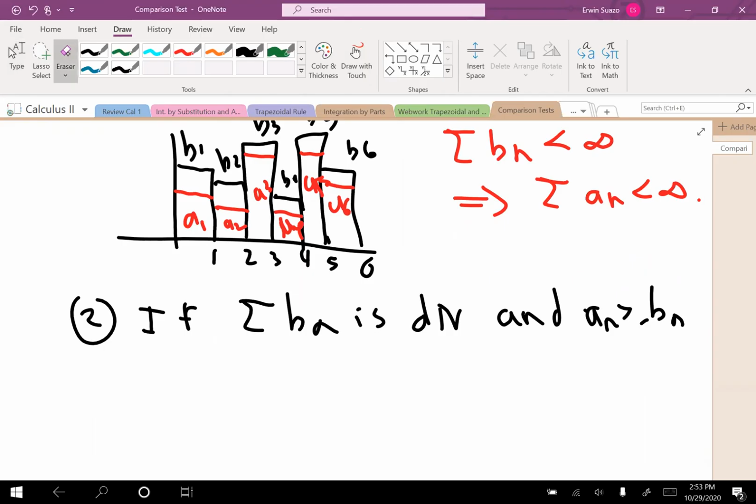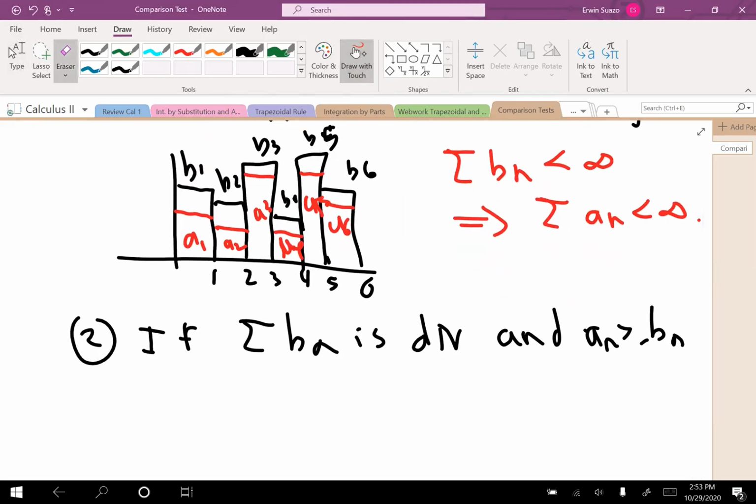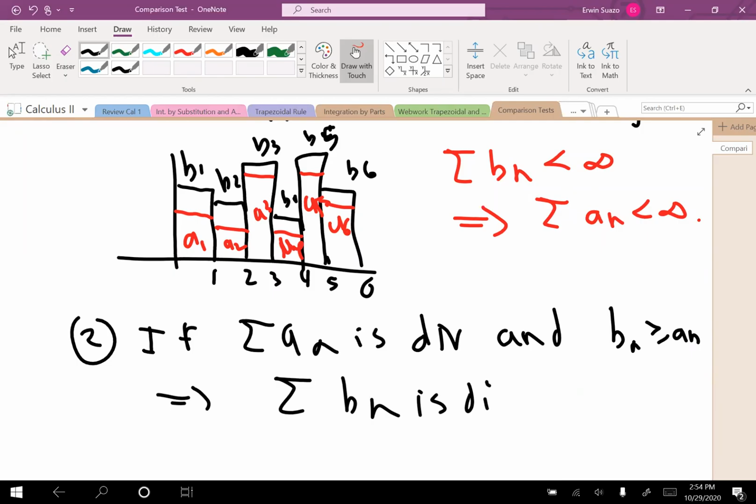Well, in order not to graph this again, let me just change it so I don't have to do another graph. If the sum of A_n is divergent, and B_n is bigger than or equal to A_n, then the sum of B_n is divergent.